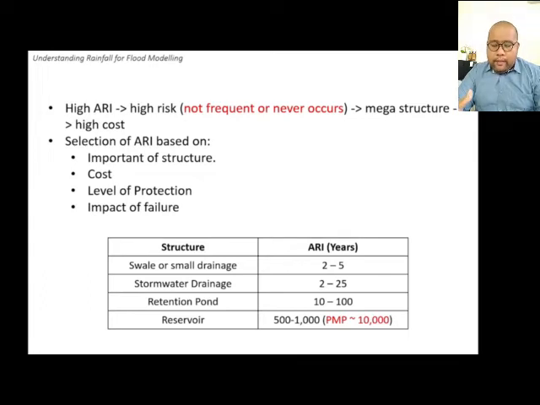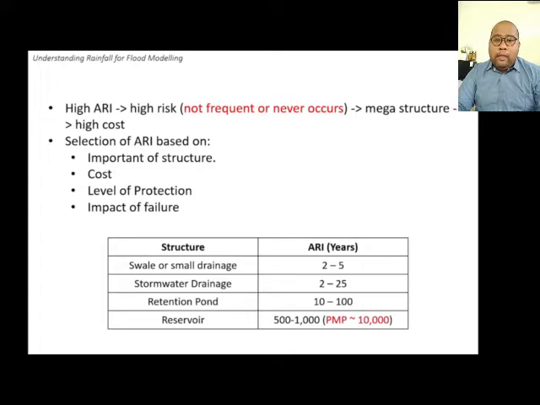And then we have a reservoir. So reservoir normally their ARI is around 500 to 1000 years ARI. That's for the small reservoir. But for the large reservoir, for example the Klang Gates, normally they design up to 10,000 years ARI.